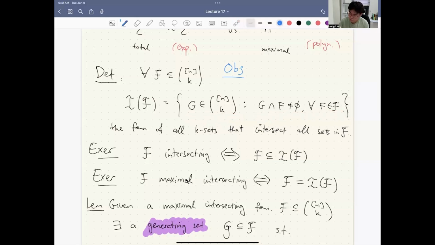This is the observation. For any F prime, let's say F minus to indicate that this is a smaller family, a proper subfamily of F, then what it generates will be at least as large as F. Maybe equal, but definitely not smaller. So you have the other way containment.